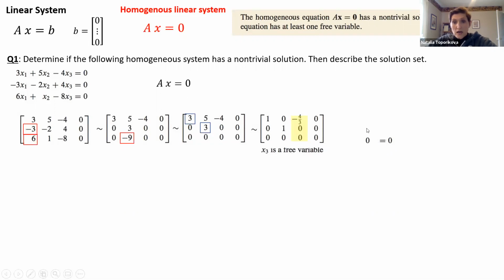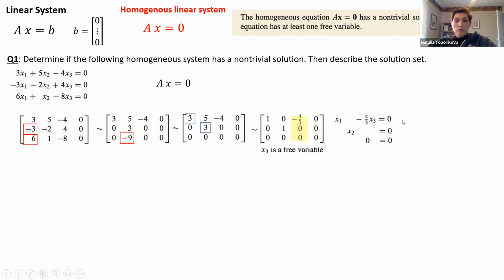The solution does exist, so we can go ahead and write it down in terms of our variable x3. x2 has a right-hand side equal to 0, so x2 is equal to 0, and we can use our first row to write an equation connecting x1 and x3.